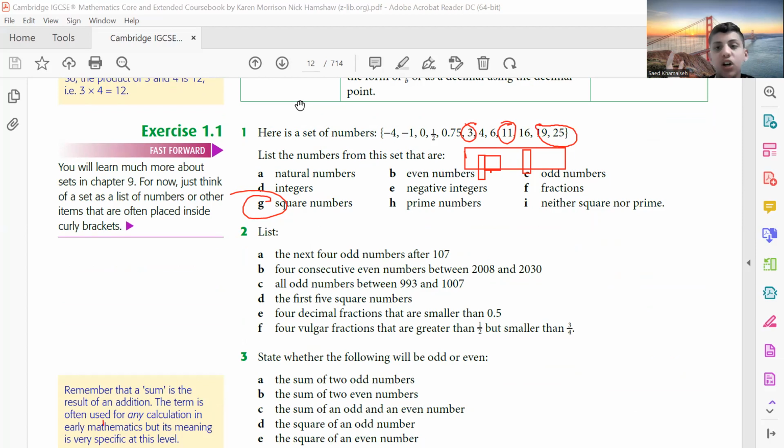25. Integers. What are integers? These two, from 3 to 25. Do you understand how to solve? Now, negative integers.